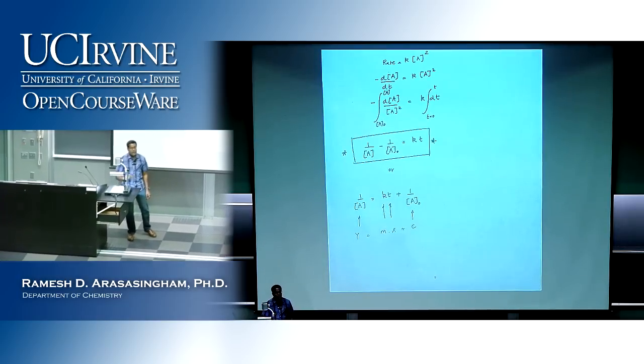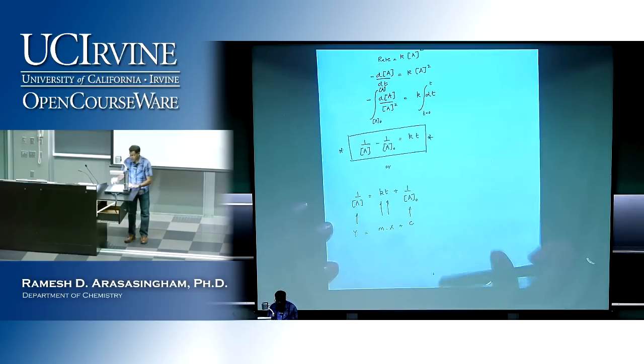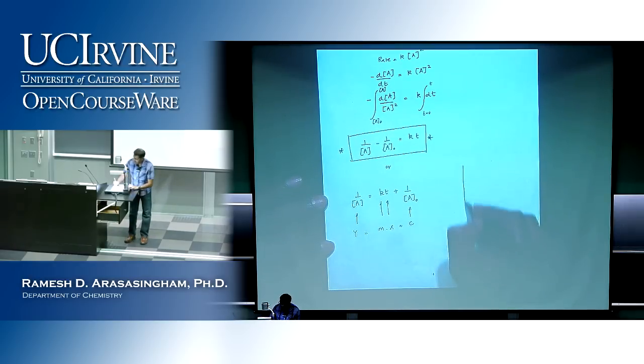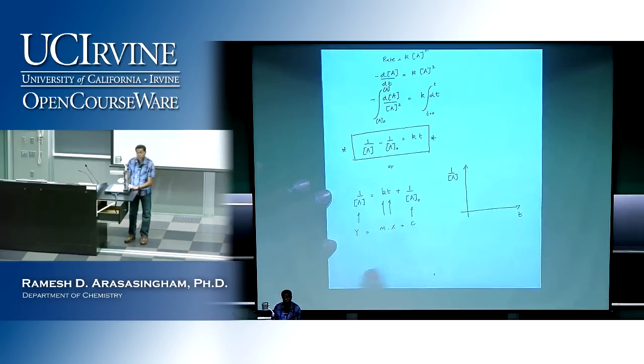So now if you look at k, you can see that it's positive, and so this gives me a positive slope. All right? So the general form of this, if I plot a graph of 1 over A versus time, this is the y-axis, time is the x-axis, you can see I end up with a straight line graph.